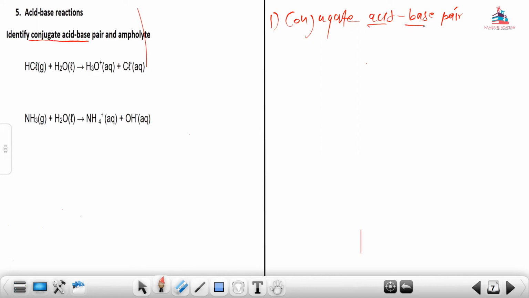But how can one explain this fully and be in a position of saying exactly what is a conjugate base and what is a conjugate acid-base pair? Let's start by saying we have two kinds. We have a conjugate base of an acid.